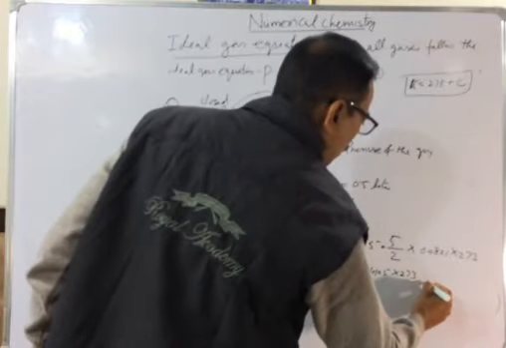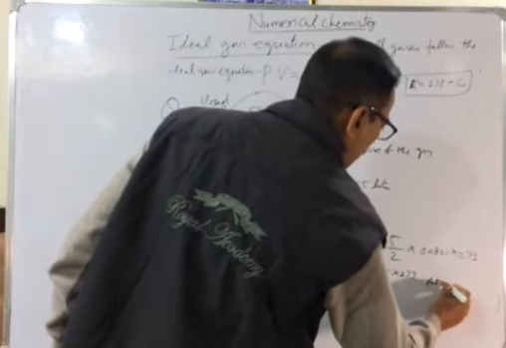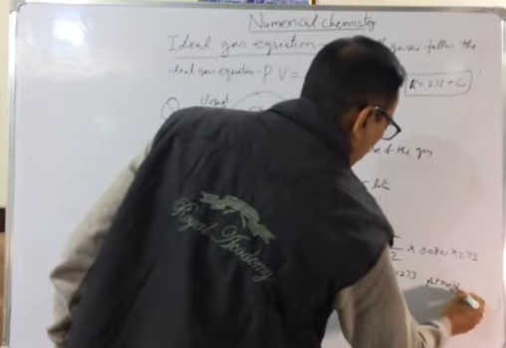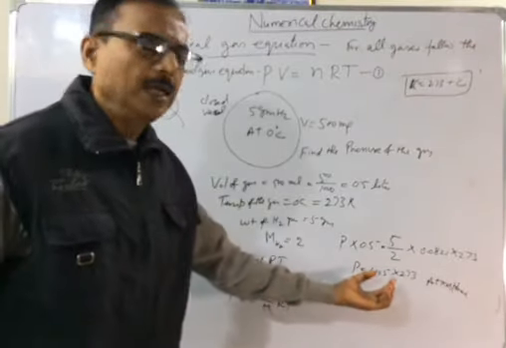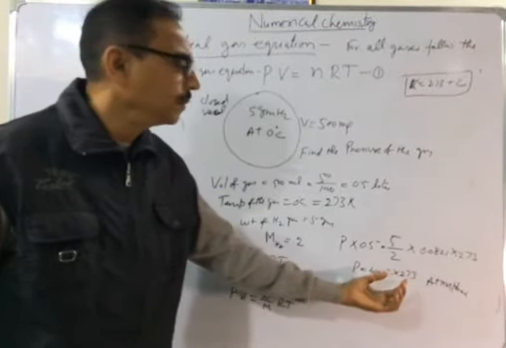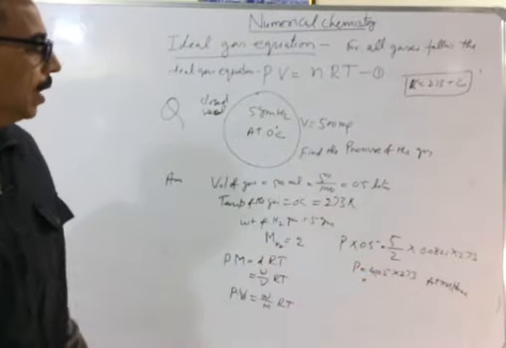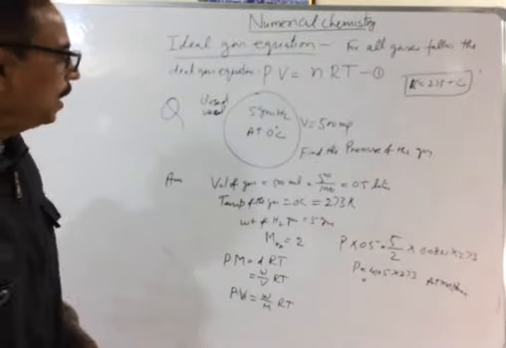This is the value in atmosphere. So you have simplified the value of pressure in atmosphere, you can calculate easily. So this is the first example.